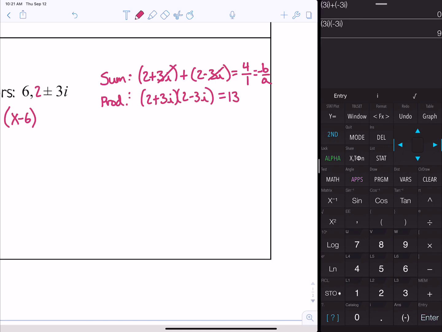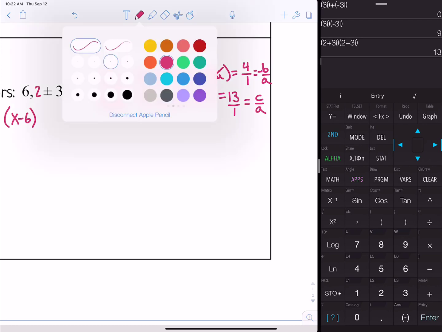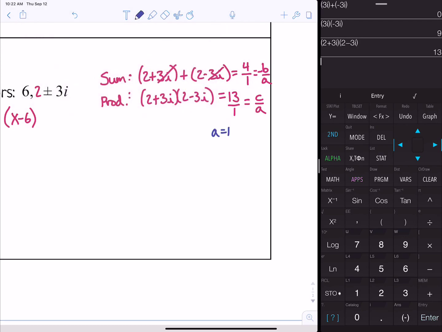So I can show you over here in the calculator. You got 2 plus 3i, and then 2 minus 3i gives you 13 over 1, which is c over a. And so then we have a is equal to 1, b is equal to negative 4, and c is equal to 13.